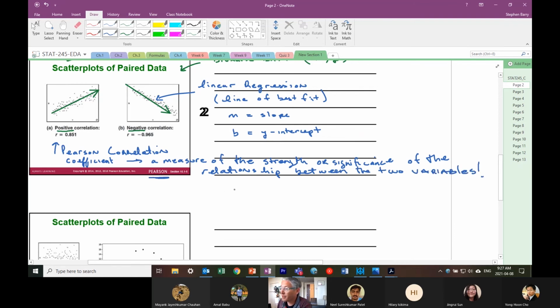And if you have a value of 0, that's no correlation. If you have something from around 0.5 to like, let's say 0.8, you would call that maybe a weak correlation.